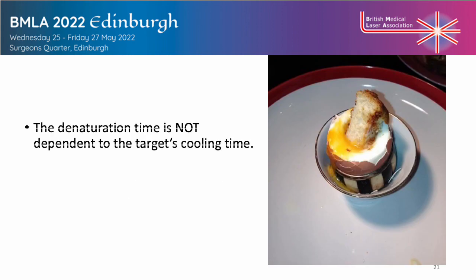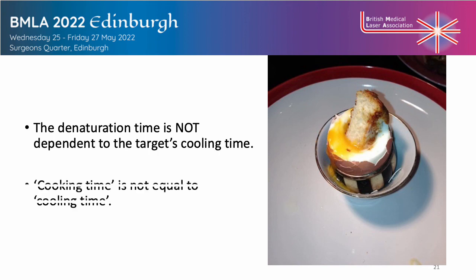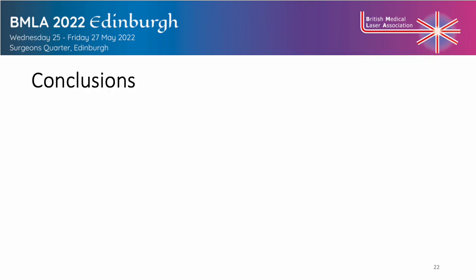So what we found is that the denaturation time of the cells, the germ cells, is not dependent on the target's cooling time. In other words, it doesn't depend on the relaxation time. That's not really the critical time at all. The cooking time of the germ cells is not equal to the cooling time, which is what TRTs and TDTs are.